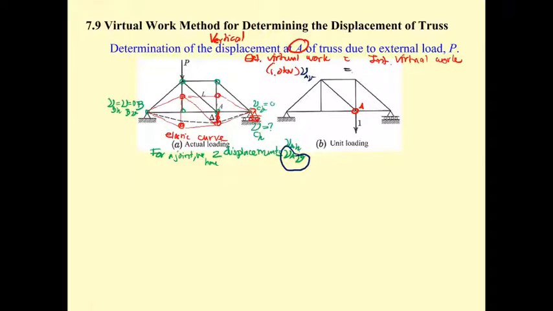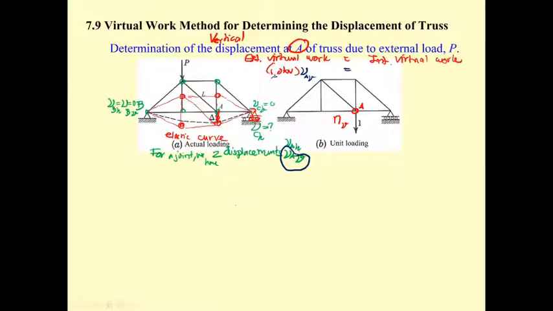That is going to be equal to what? Equal to the 1 point unit force acting here, which is going to produce the normal axial force in each member.